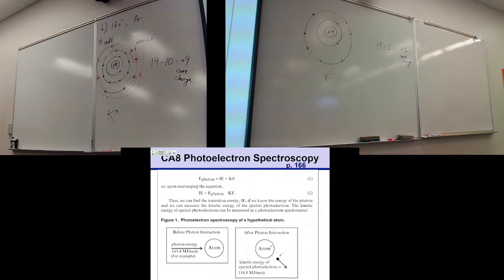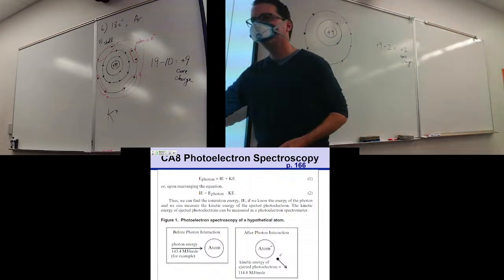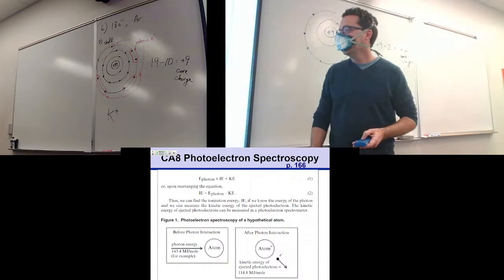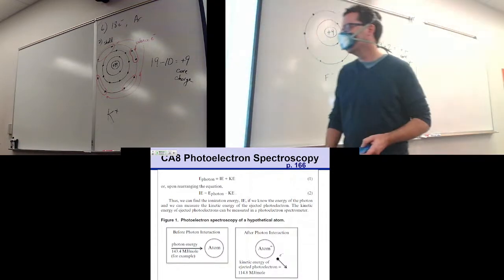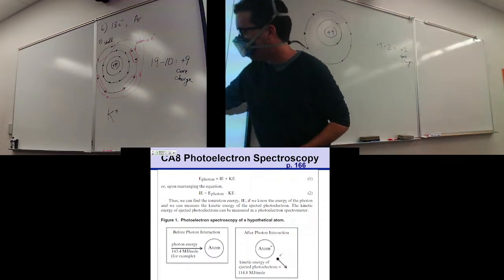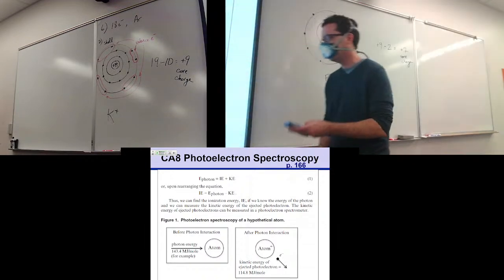All of that energy hits the atom, and a certain electron is going to come out, either an inner shell electron or a valence or any combination of them. And that electron is going to have a certain velocity. In this case, the kinetic energy of the electron is 114.8 megajoules per mole.